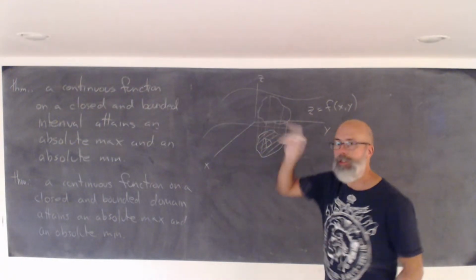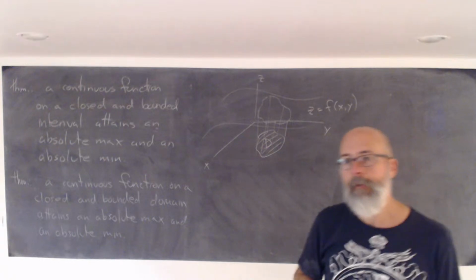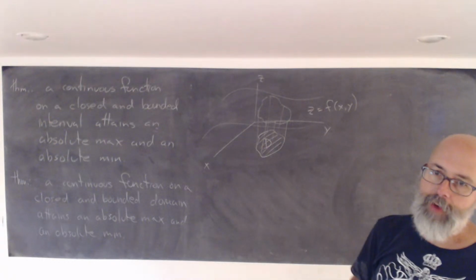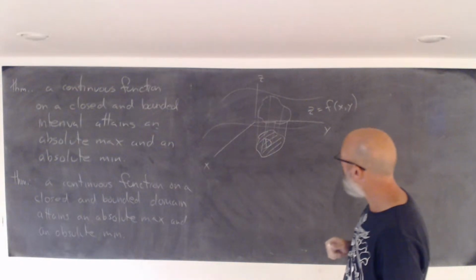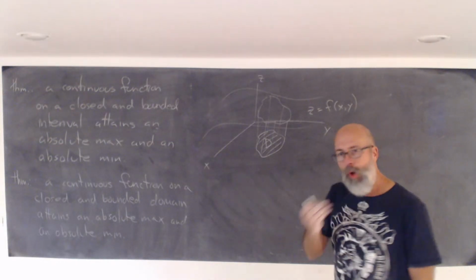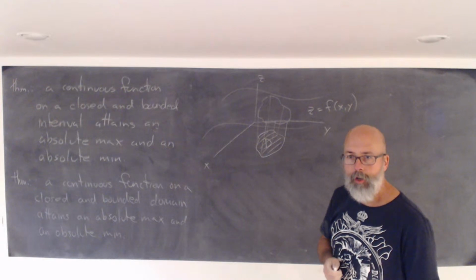A highest value of z and a lowest value of z. Question is, where can these occur?